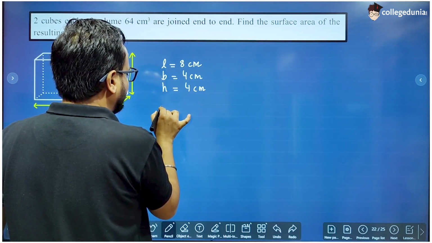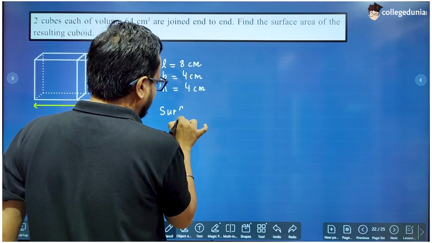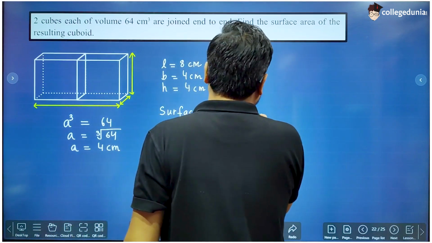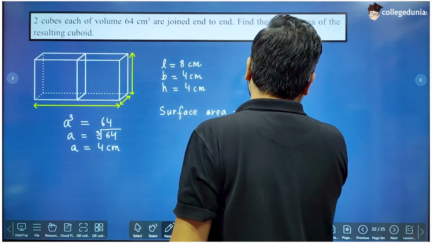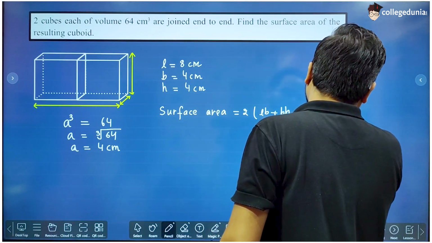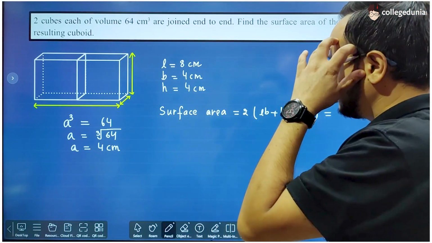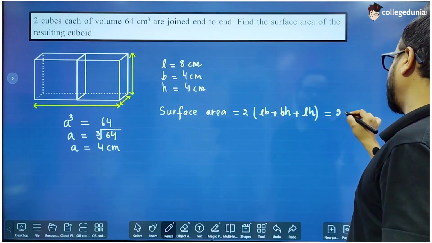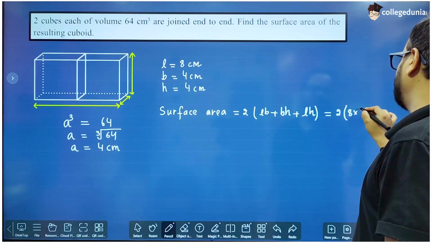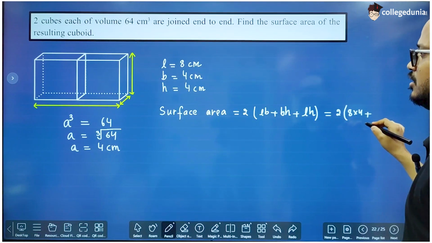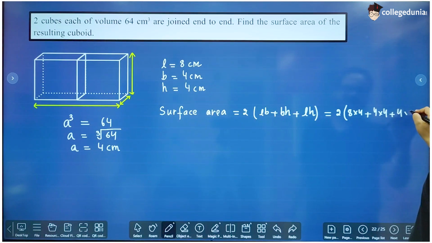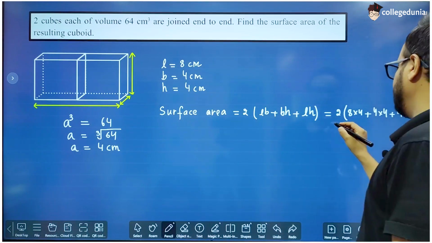So the resulting cuboid has surface area 2 times (LB plus BH plus LH), which is 2 times (LB, 8 into 4, plus BH, 4 into 4, plus LH, 4 into 8).